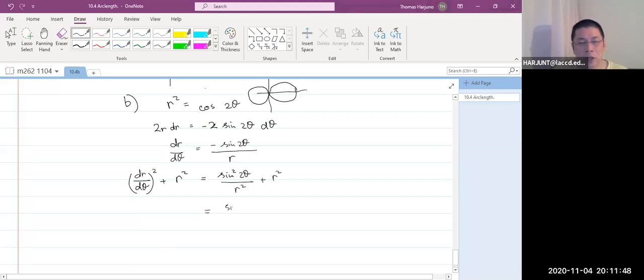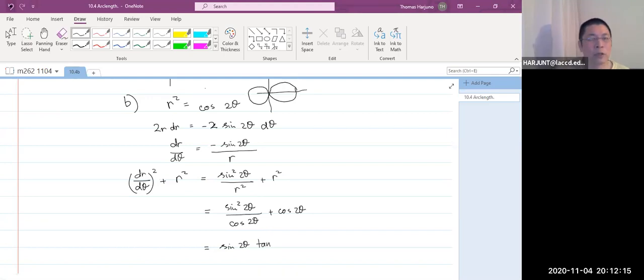So sine squared 2 theta over cosine 2 theta plus cosine 2 theta. This is sine 2 theta tangent. Don't think it's helpful.